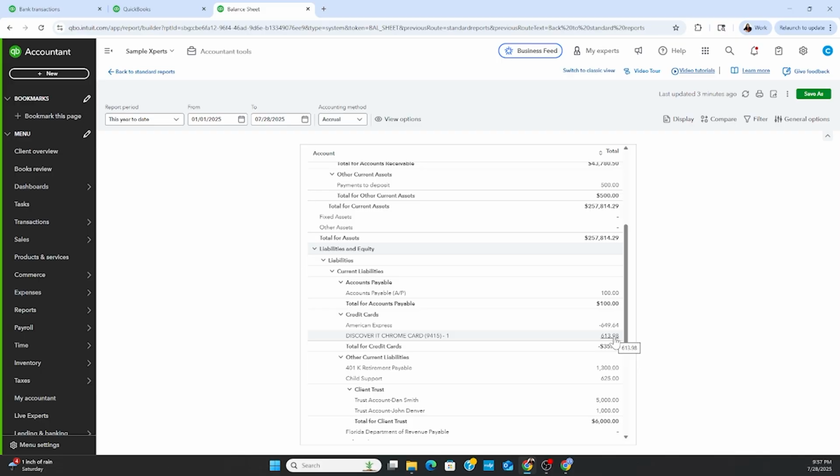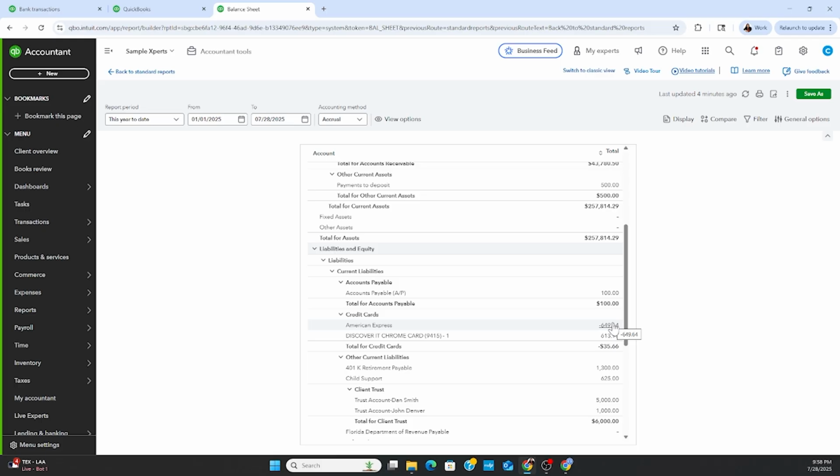The other issue with a negative liability is that the liability itself, if you have a car loan, for instance, the principal amount that you owe was not recorded in QuickBooks Online. So you need to be able to record that. Or if it is a mortgage, maybe you didn't apply the interest expense.